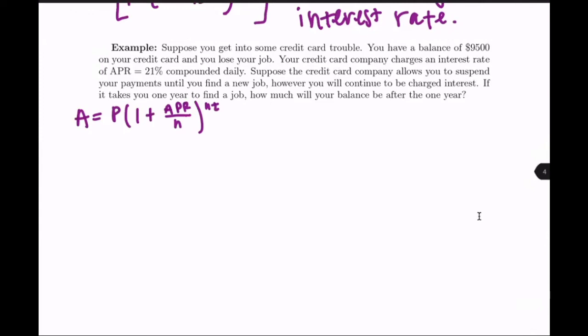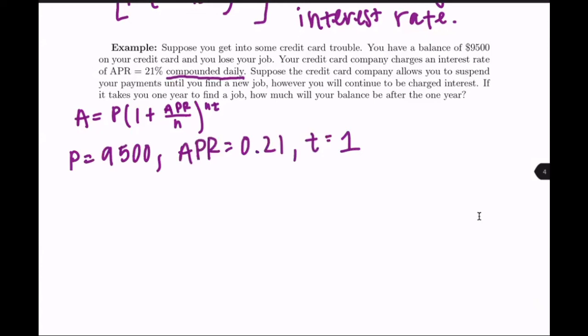So our principal is going to be the $9,500 because that's how much we owe, and that's what's gaining interest. And then my APR is the 21%, so we can write that as 0.21. The time is just 1 year because it says it takes you 1 year to find a new job.